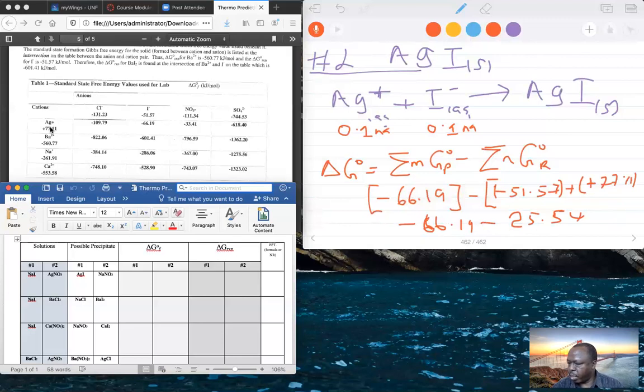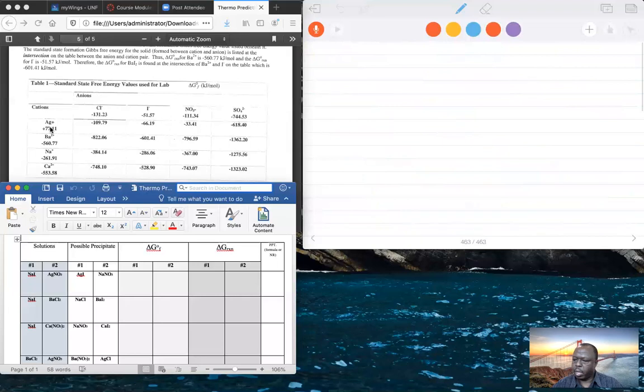That's everything on the product side. So everything will be negative. So this is plus 66.19, and turns out that this is negative 91.73.